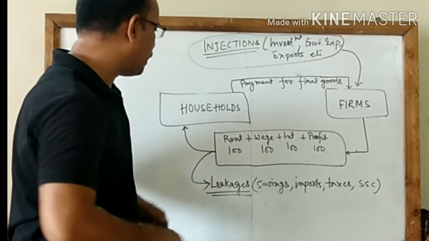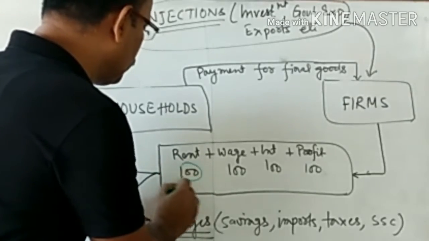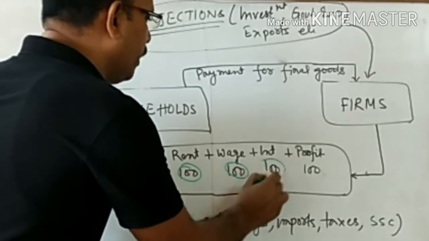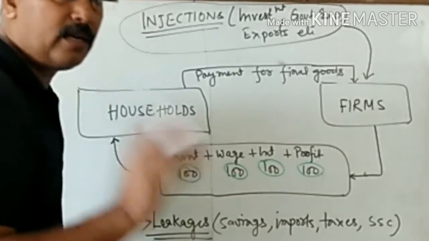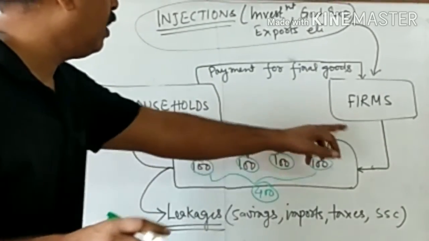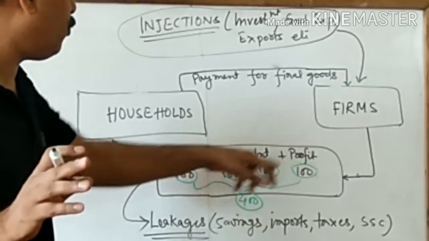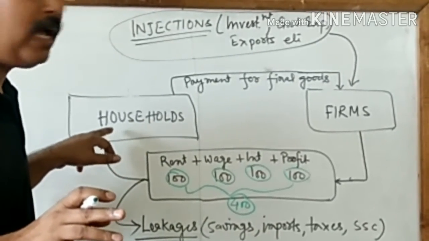Rent of 100 rupees, wage 100, interest 100 and profit 100. So a total of 400 crore rupees is flowing from firms to the households. So firms are making payment of 400 crore rupees to the household.